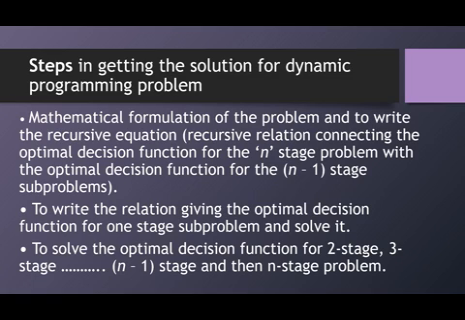We will start building on it, and we will find the solution maybe to the next second stage, then to the third stage, then to the fourth stage, so on up to n minus 1th stage, and finally for the nth stage problem, right? That is what your third step tells you. To solve the optimal decision function for stage 2, stage 3, stage n minus 1, and then to stage n problems, we base it on the first stage decision policy.